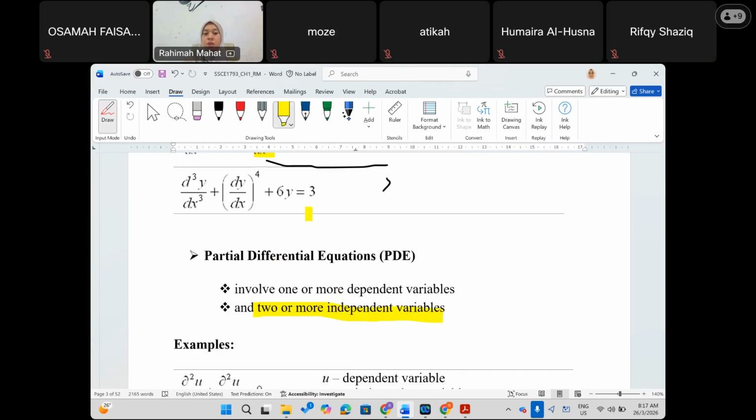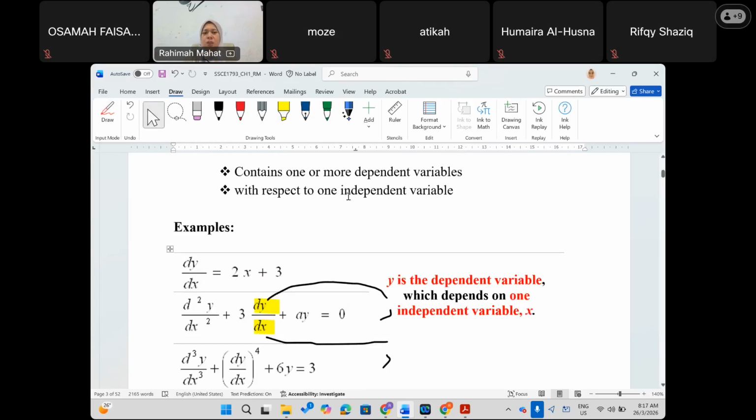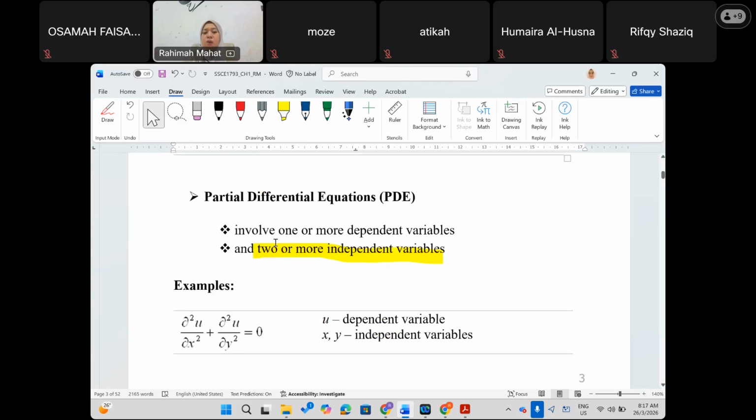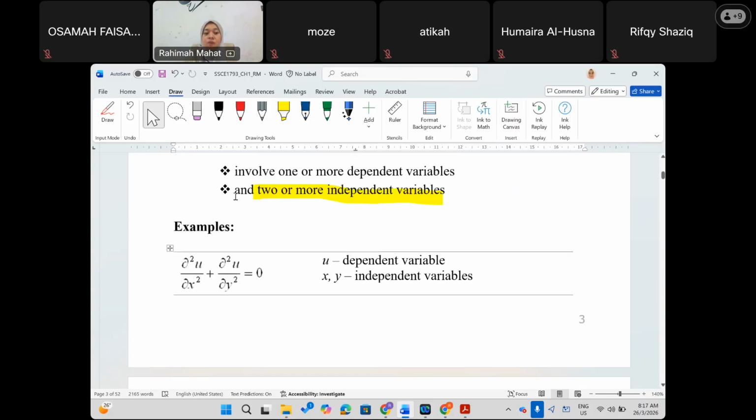If you look at the previous one, you only have one independent. However, for PDE, or partial differential equation, you may have two or more independent variables. If you look here, you have the values of x and y. That is why we call them independent.